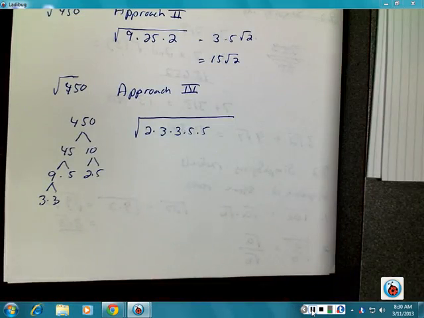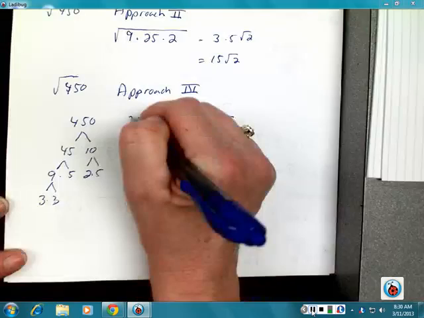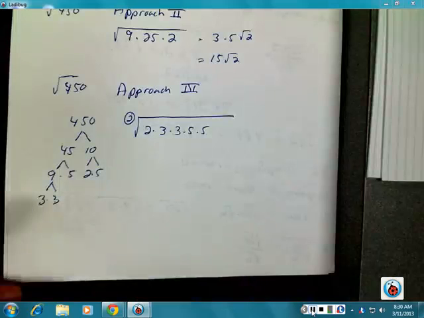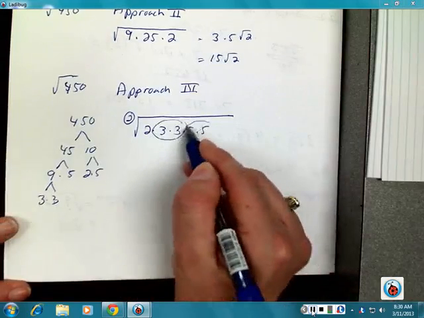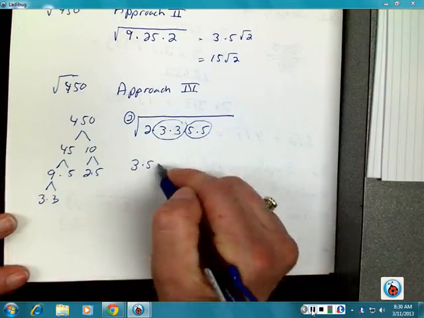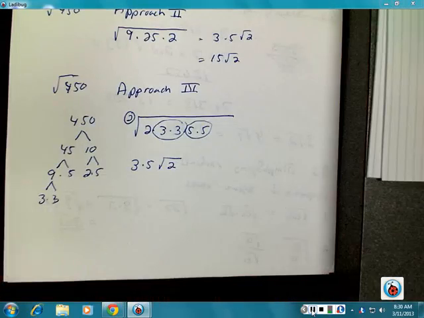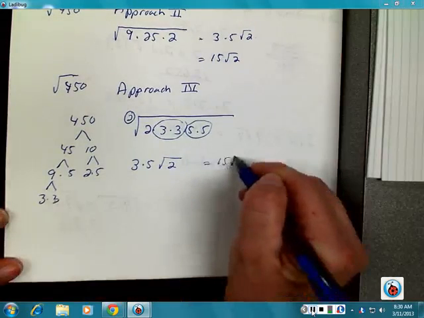The only thing I need to do, because my index is 2, is look for combinations of 2's, and that's when I pull out 3 times 5, and I leave anything that's not in doubles, and I have my answer of 15, the square root of 2.